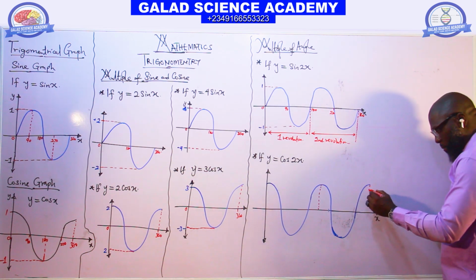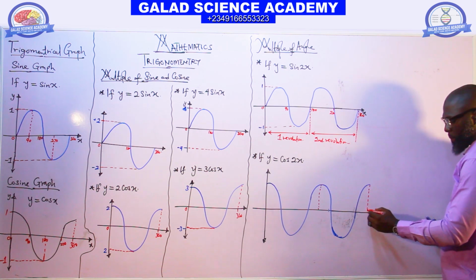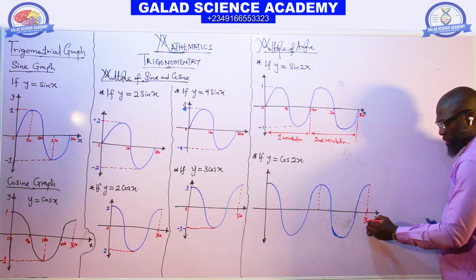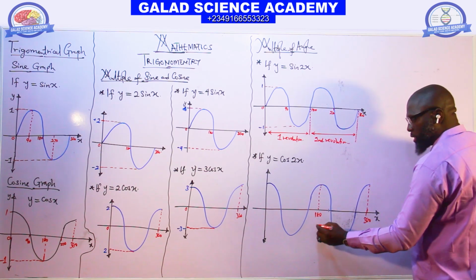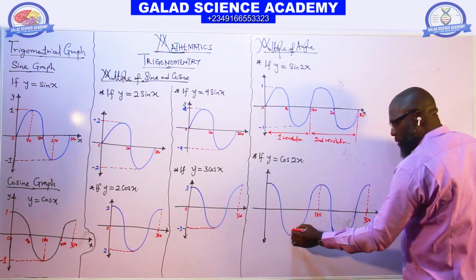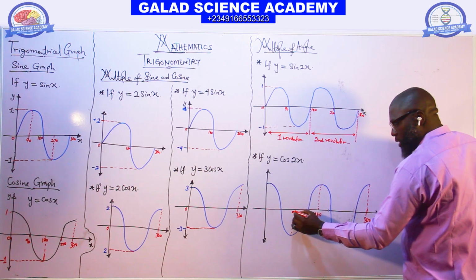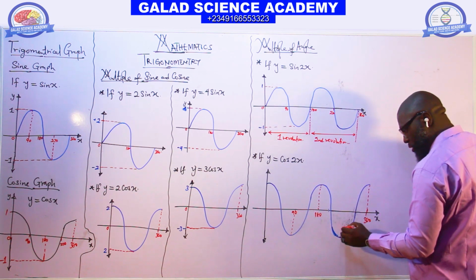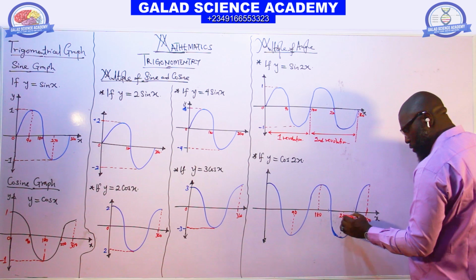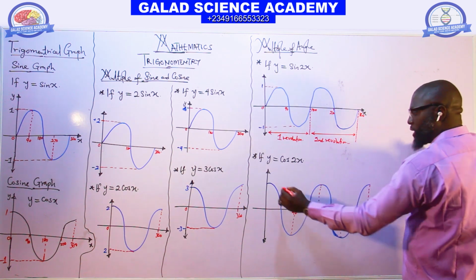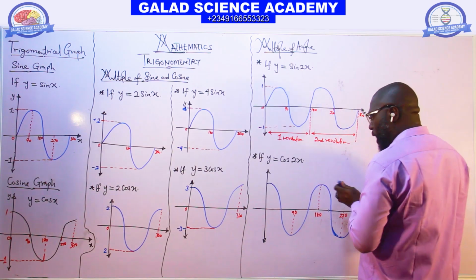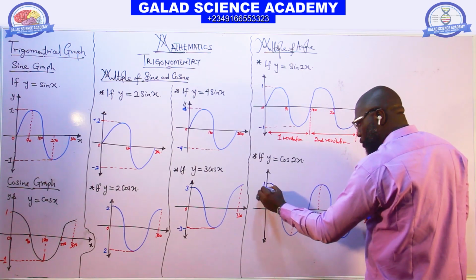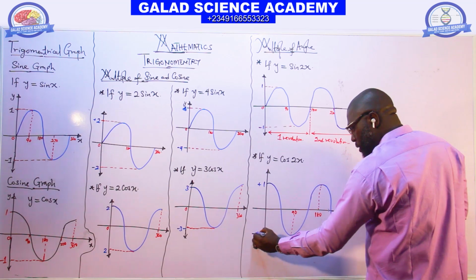So this place will be 360. Here will be 180. This place will be 90 degrees. This place will be 270 degrees. So the amplitude here is 1, plus or minus 1.